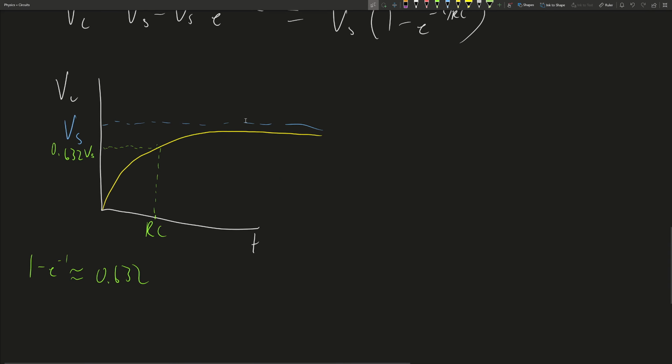Now one more graph we'll look at is the current graph.